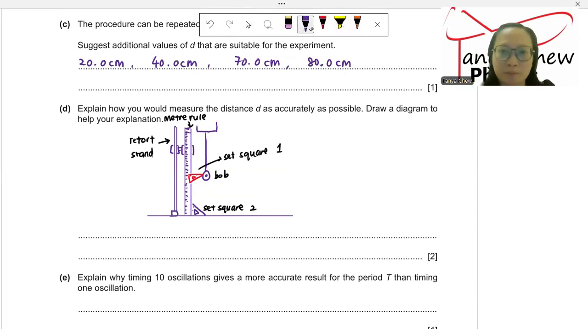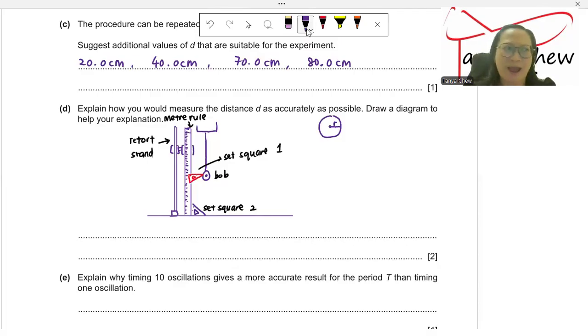You know the pendulum bob is a sphere. Now, the center of the bob represents the radius of the bob. The problem with the radius is that the bob itself is very small. And too bad, in our laboratory, we don't really have apparatus to measure the radius of the pendulum bob.